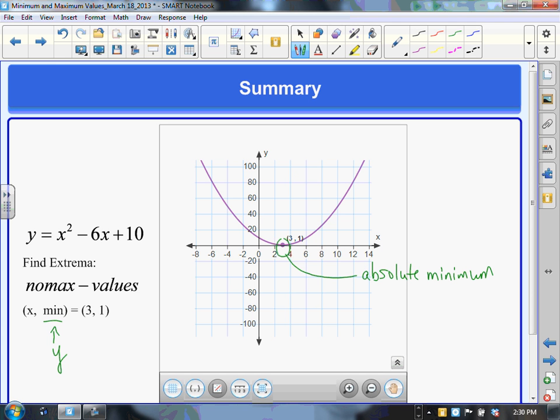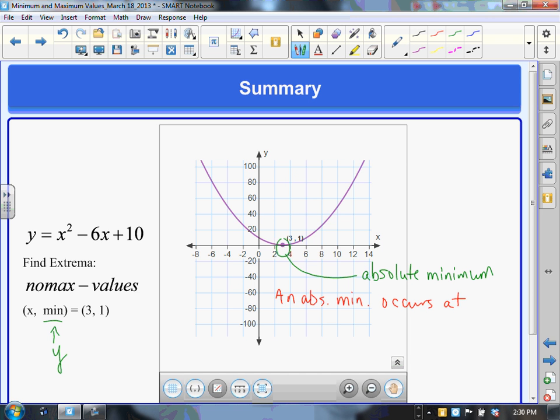So if we want to write some form of definition for an absolute minimum, let's take note of this right now. An absolute minimum occurs at an arbitrary value, call it whatever letter you like, just not x or y in this case.